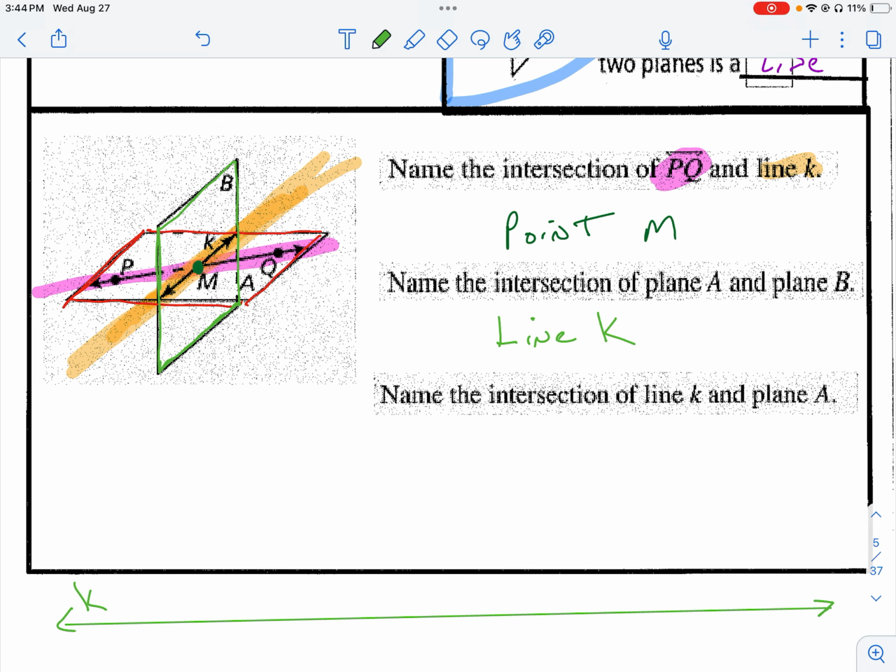So K exists on plane A. So every point that's on line K is on plane A. So where do they intersect each other? Where do they touch? They touch at line K.